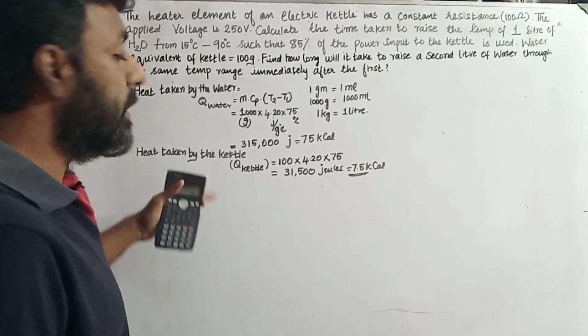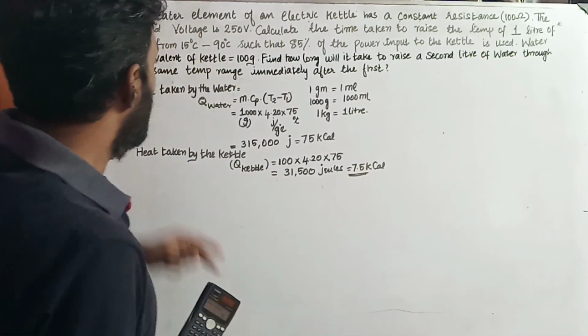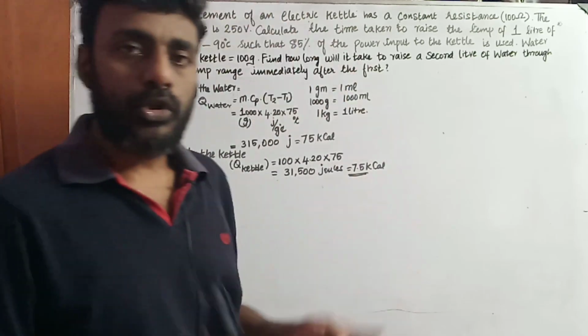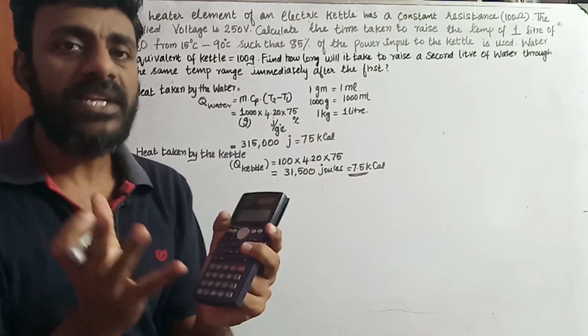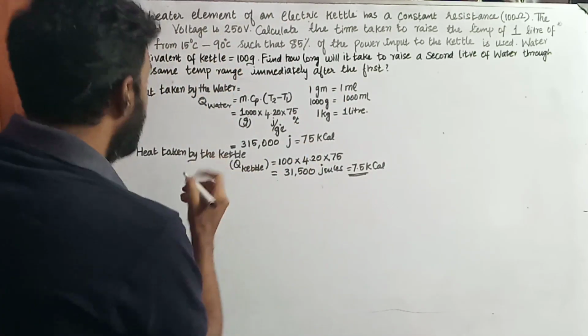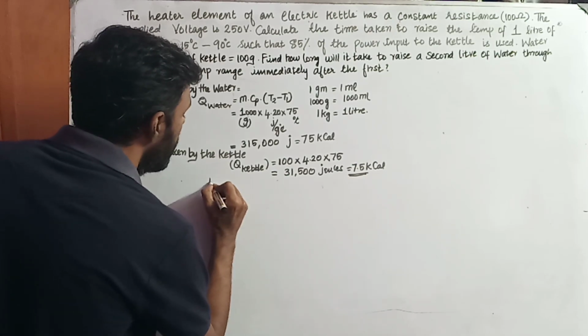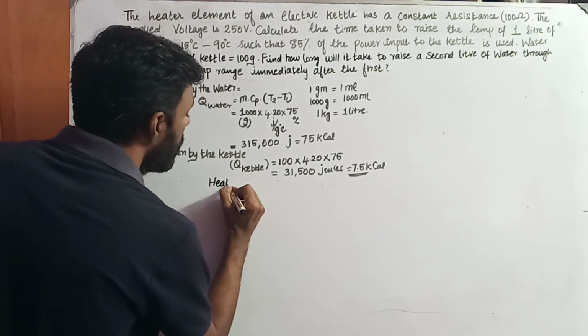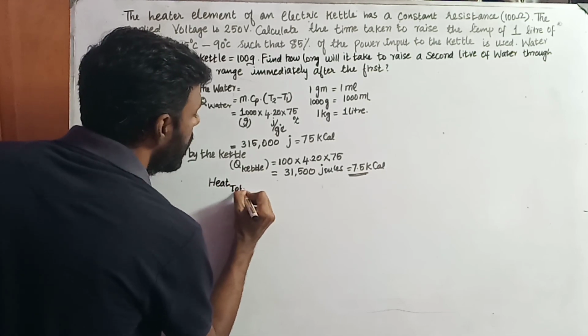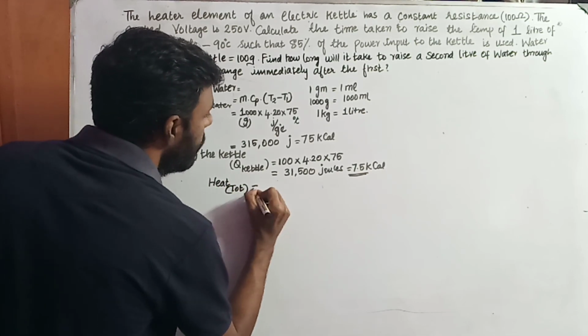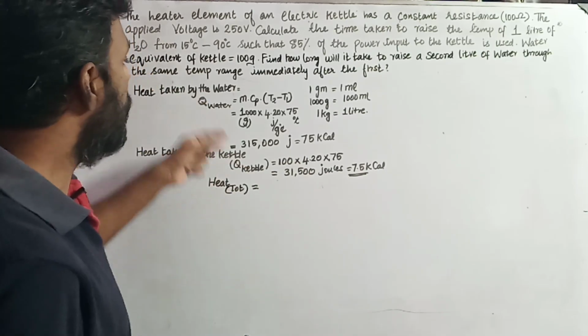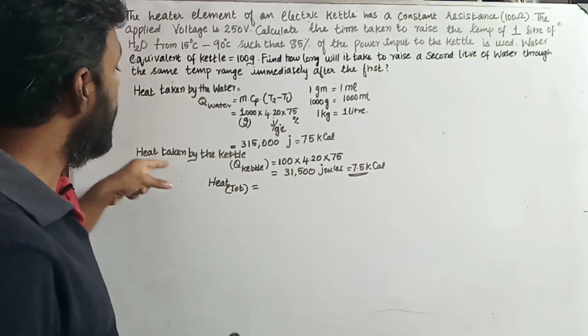Okay, so I have got heat taken by the water and heat taken by the kettle. So the water and the kettle put together will be a total complete system. So heat taken by the total system, let it be heat total. So what will be heat total? Heat total will be the sum of heat taken by water and heat taken by the kettle.